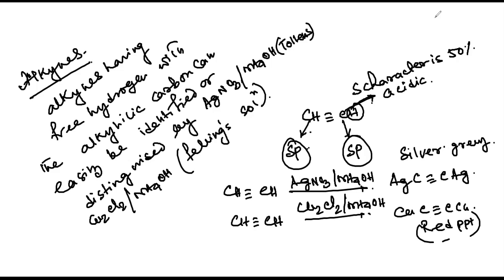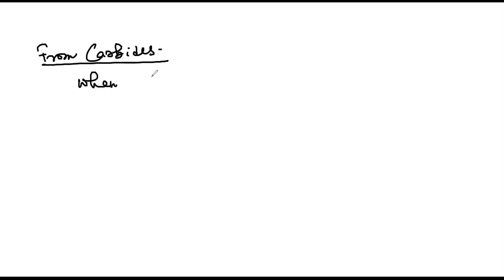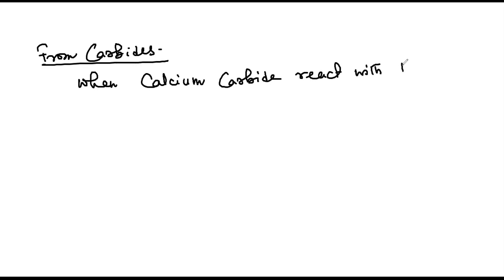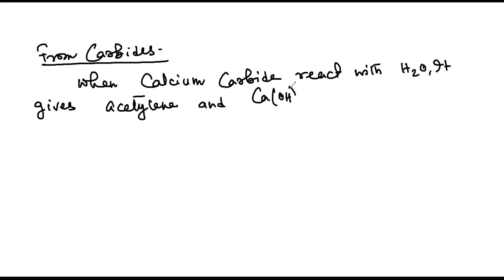So as preparation, you can prepare alkynes from carbides. As an example, when calcium carbide reacts with water, it gives acetylene and calcium hydroxide.